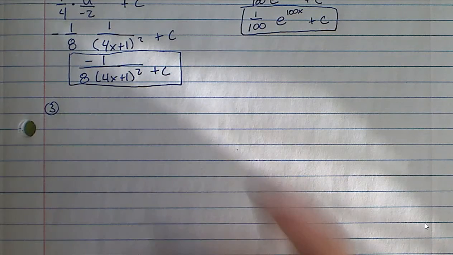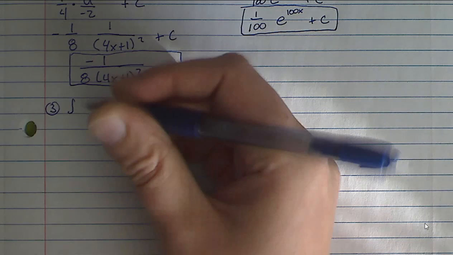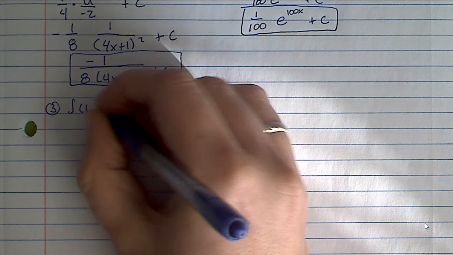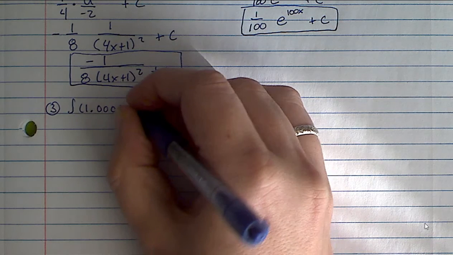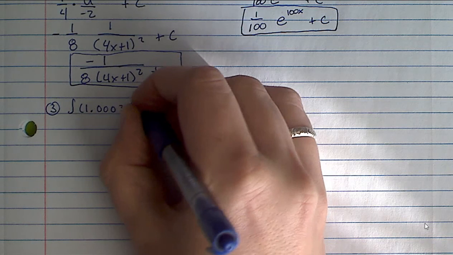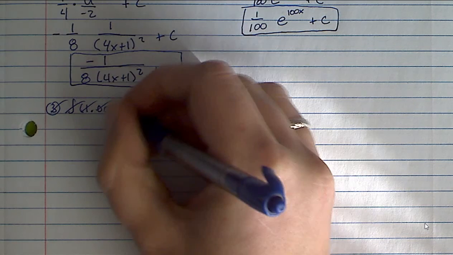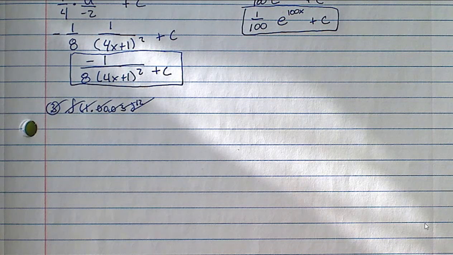Okay, so integral 1.0003 to the... Oh, I don't want this one to be on your assignment. You guys get to skip 3. We'll come back to it. Wait, hold on. I'm deciding if I want you guys to do 4 or 2. There's a property you have to use for 3 that I'm going to double back to. 4 looks pretty hard.